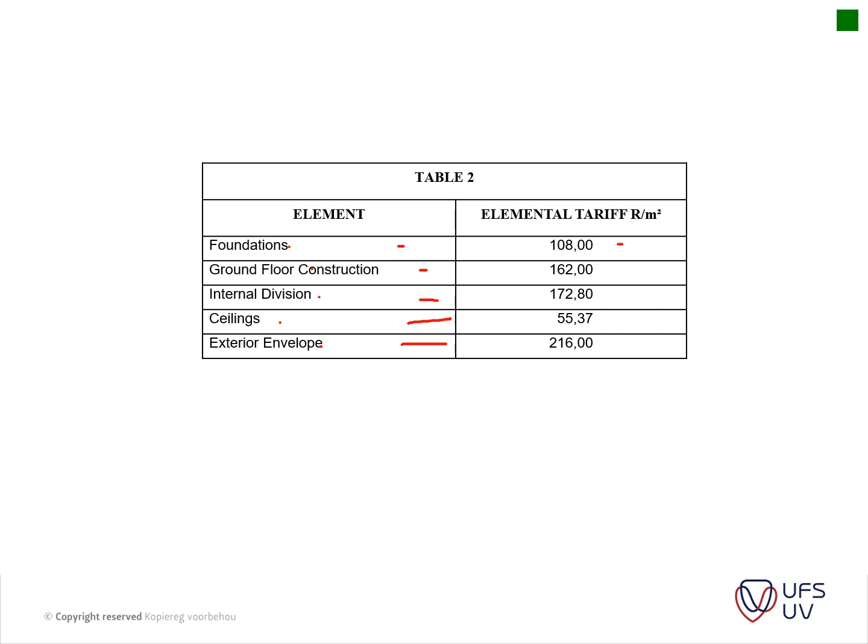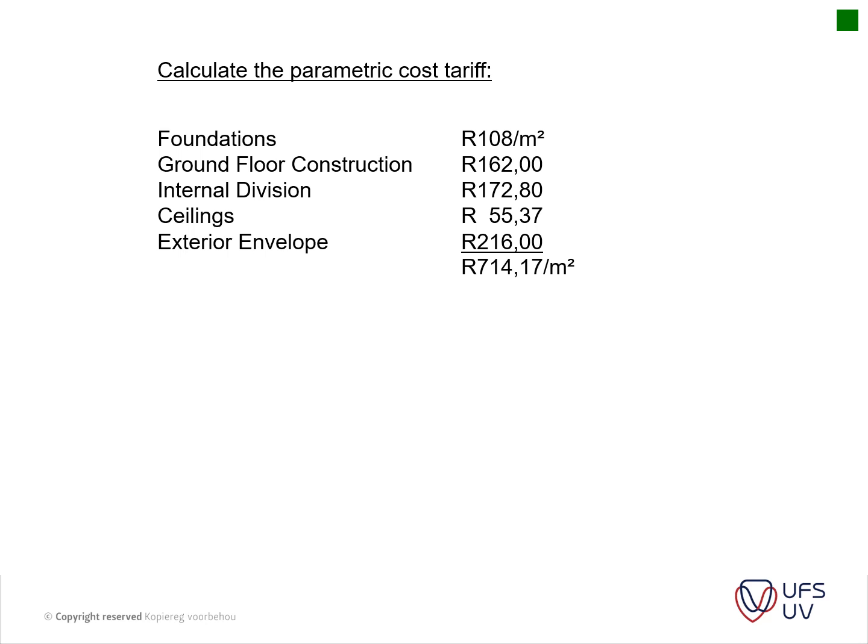Before we get there, just have a look at the following. Basically you calculate your parametric cost, which is those elements added together to get a cost per square meter.